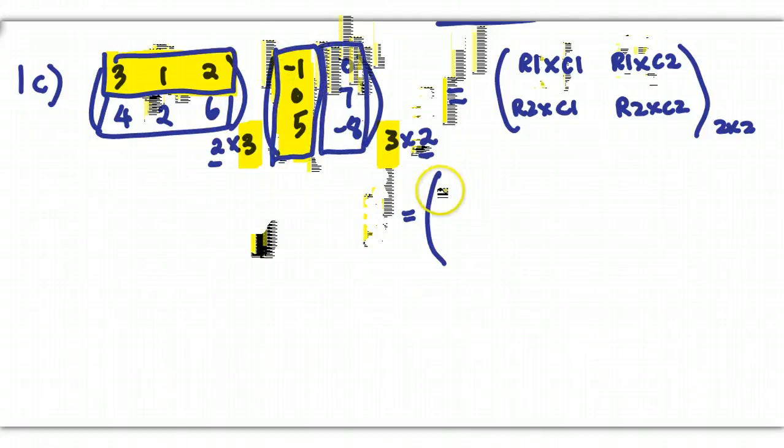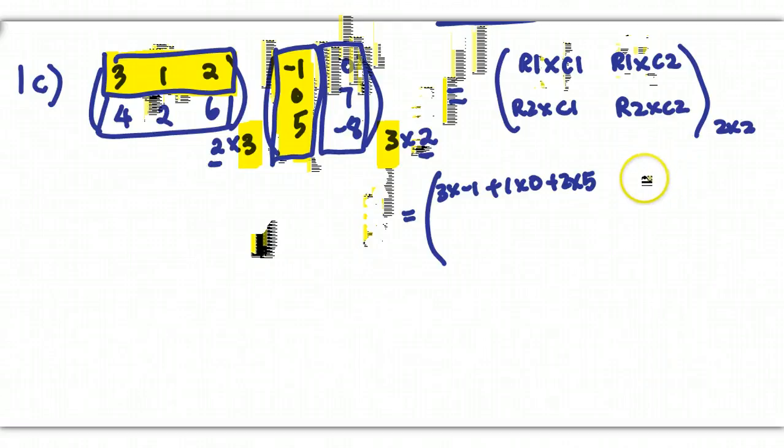So row 1 times column 1 will be 3 times negative 1 plus 1 times 0 plus 2 times 5. Second element, row 1 times column 2, will be 3 times 0 plus 1 times 7 plus 2 times negative 8.